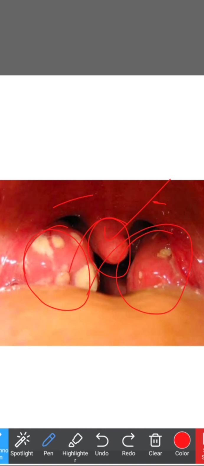In the lateral side of the uvula, tonsillitis is present in this figure. And in these tonsils, white patches or white spots we can see here. In these tonsils, white fluid accumulated in response to the infection, or you can say inflammation, so this process is known as tonsillar exudate.